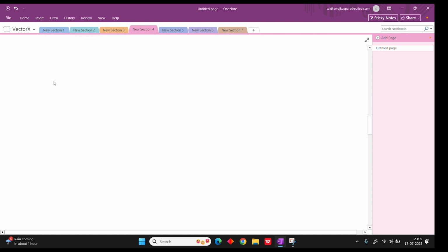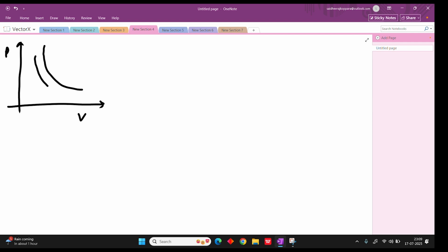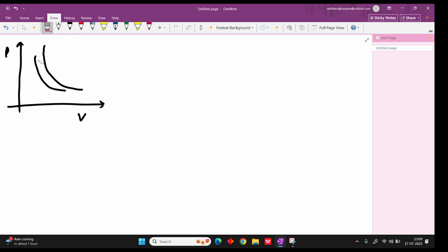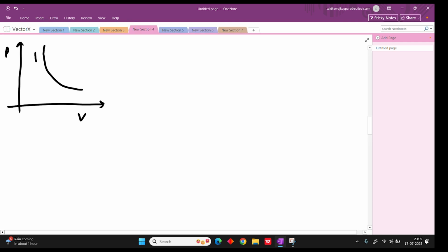Now, the other two important graphs are your isotherms. This is P and this is V. The same exact graph will come.